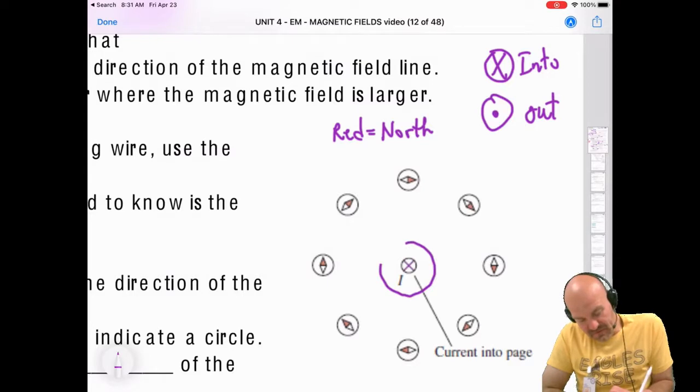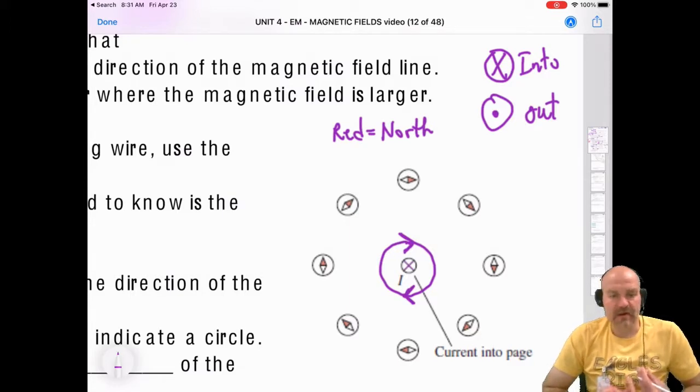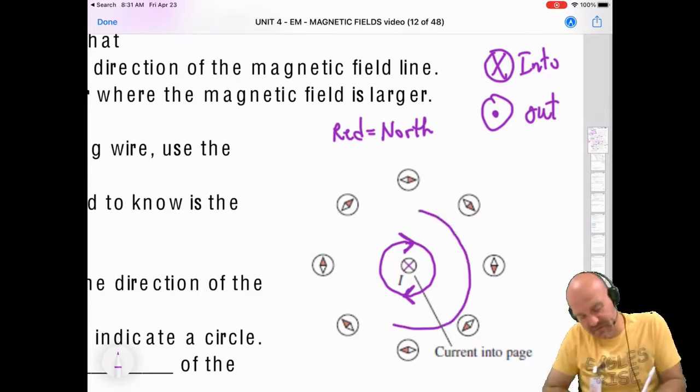So my field will be concentric circles, in this case going clockwise, because going in curls my fingers in the clockwise direction. Just think about these concentric circles running around this wire.